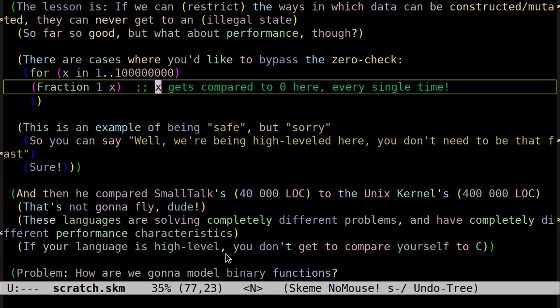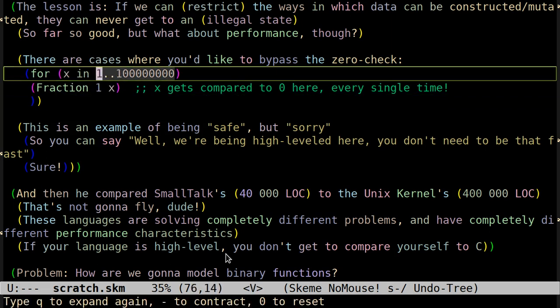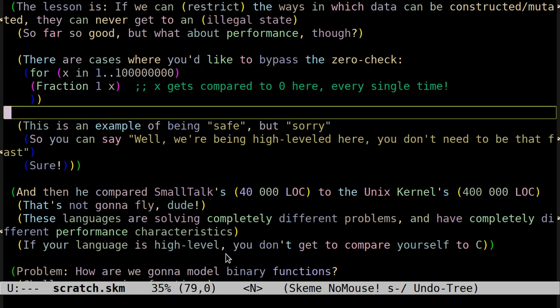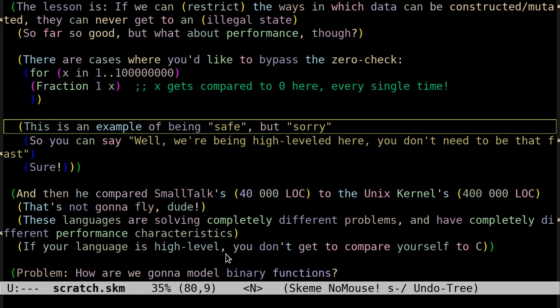With the class method, we run into a problem because x gets compared to 0 every single time, a million times. But we know here that x is never gonna be 0. So it's a waste of time, and this is an example of being safe but also sorry at the same time.